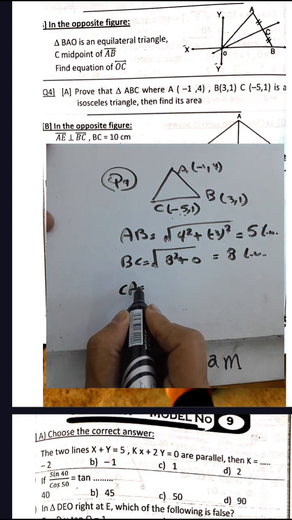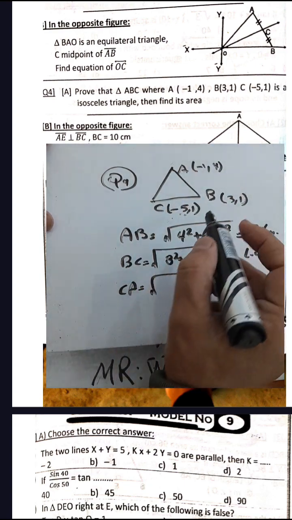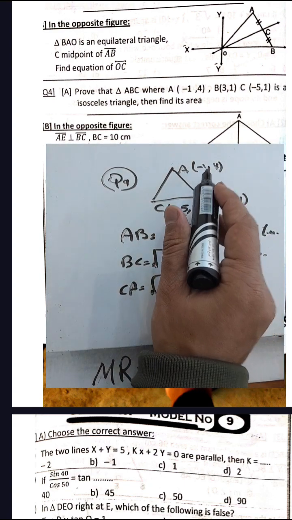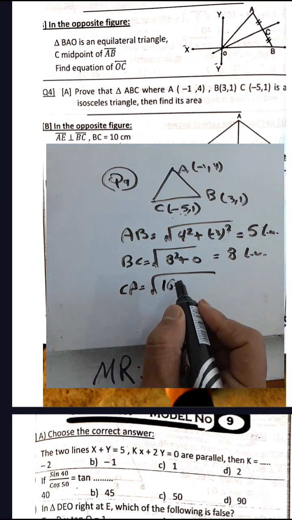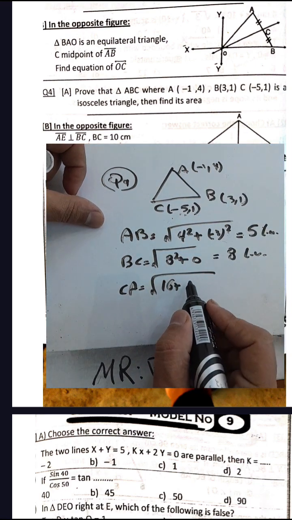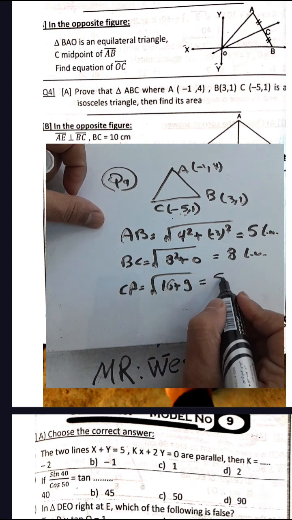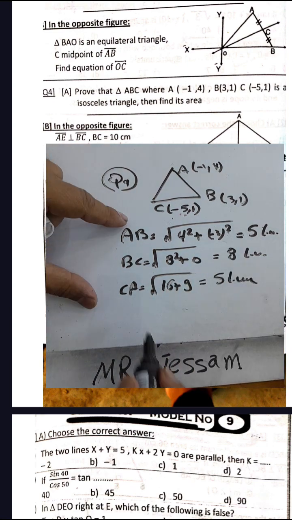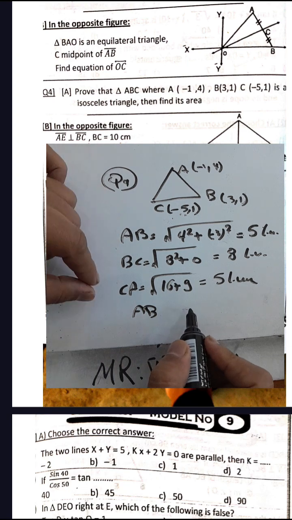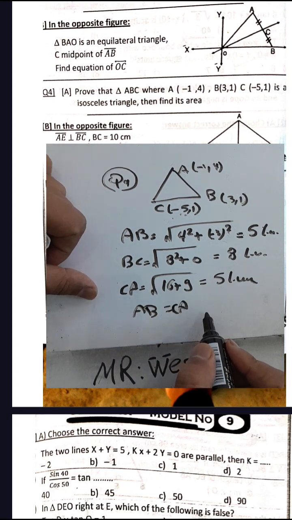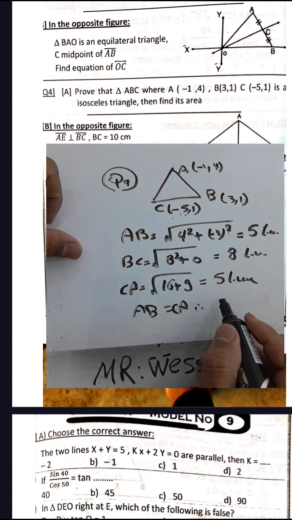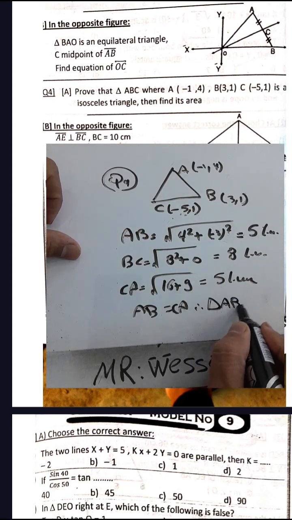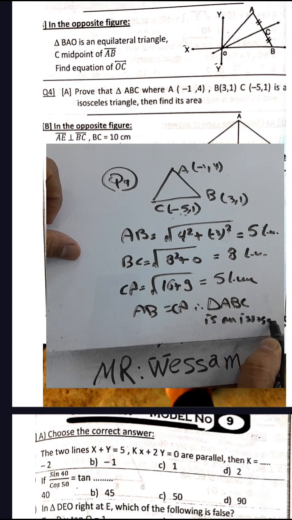And CA we can find square root of negative 1 minus (-5) it will be 4 power 2, 16, and 4 minus 1 is 3 power 2, it will be 9, the result will be 5 units. Then AP was equal CA, then this triangle APC is isosceles.